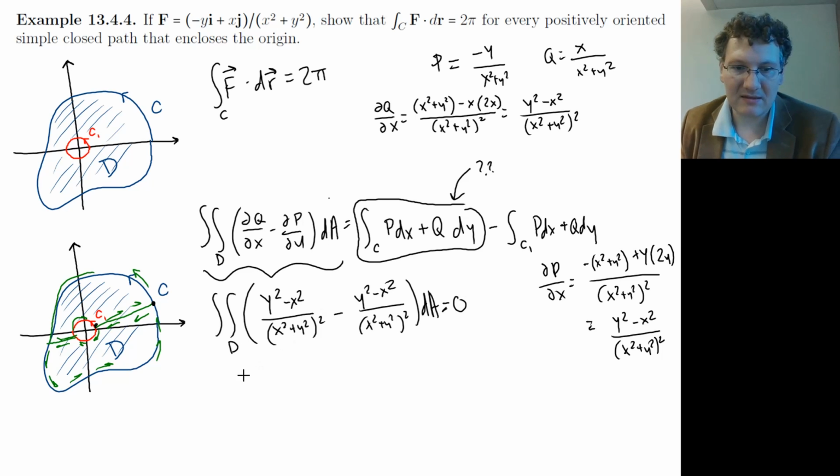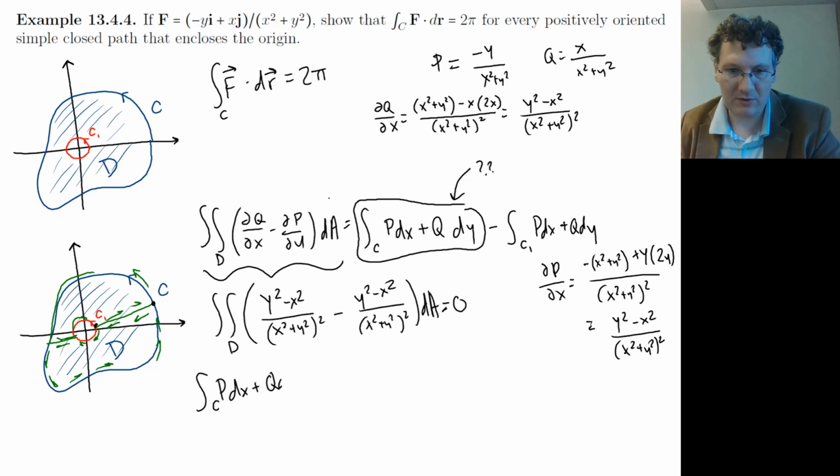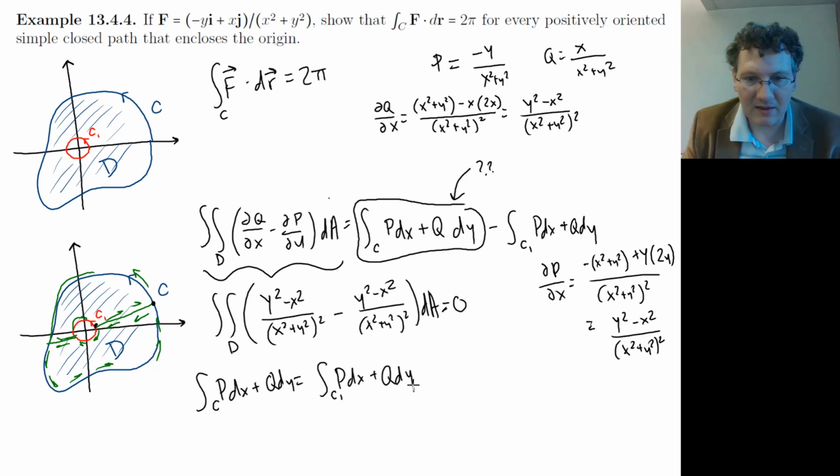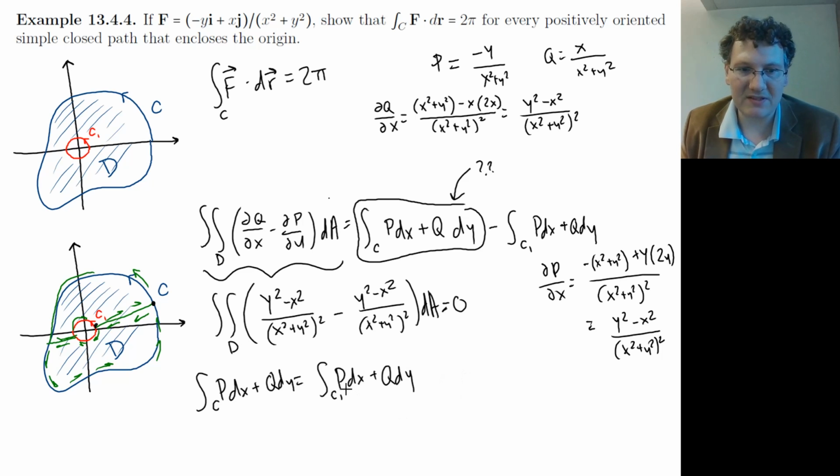What this means is that the integral over C of p dx plus q dy is equal to the integral over C1 of p dx plus q dy. Now we can actually evaluate this integral over C1 because this is a circle, and we can parameterize this.